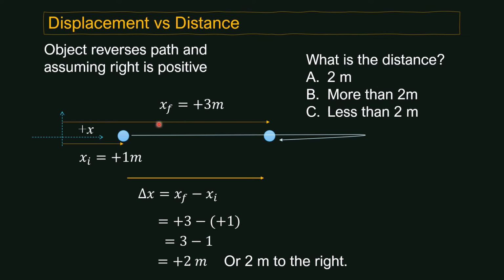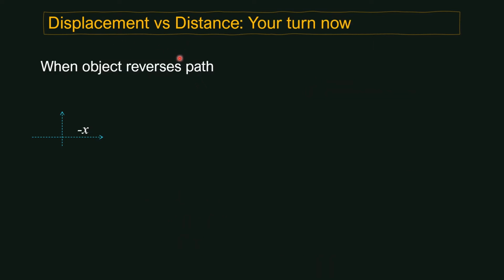Is it still 2 meters, more than 2 meters, or less than 2 meters? Let's look at this, and it is your turn. Everything is the same, the only difference is that now I am assuming right as negative. So what happened?